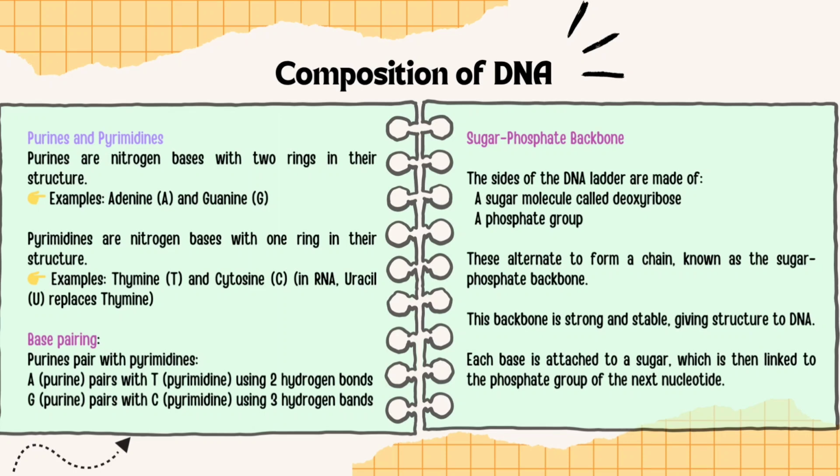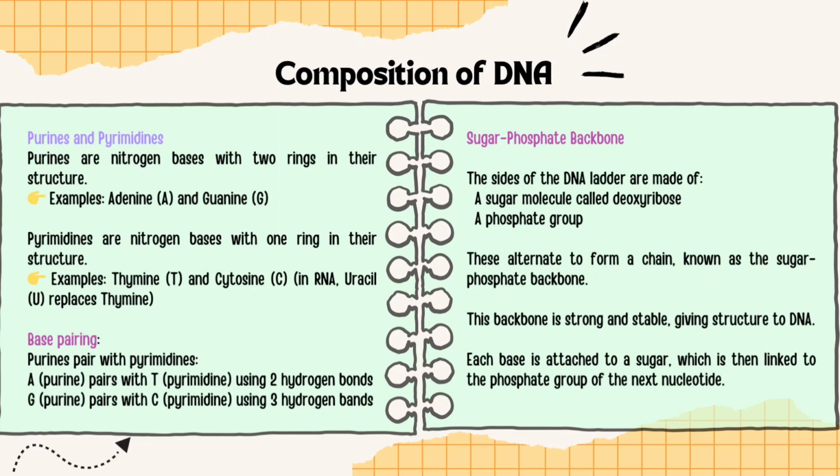The sugar-phosphate backbone creates these two strands. The sides of the DNA ladder are made up of sugar molecule called deoxyribose. Why deoxy? It is a ribose sugar with one oxygen less at 2 prime carbon, and this sugar is bonded with phosphate group.